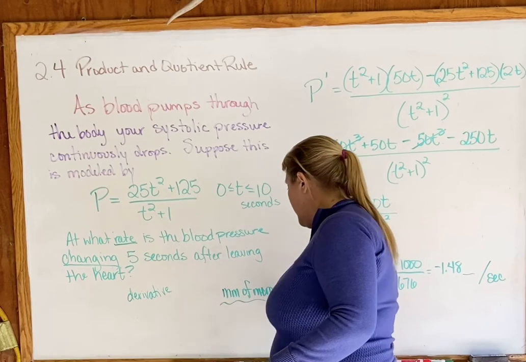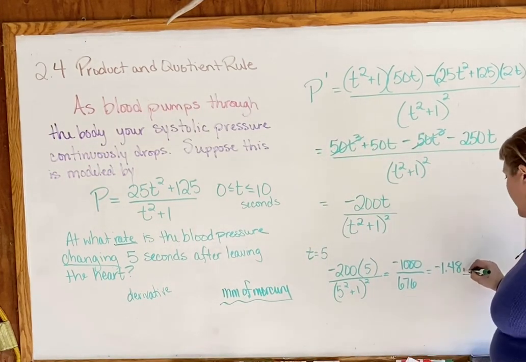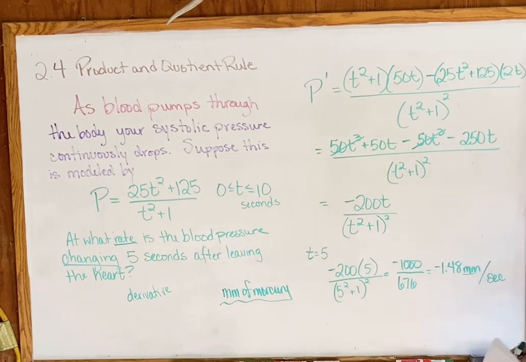So we have to do a little bit of info searching, because this again is not our interest. So we can say that the pressure is changing at negative 1.48 millimeters per second. Or you could write out the whole millimeters of mercury per second. But remember, the per second part is important.